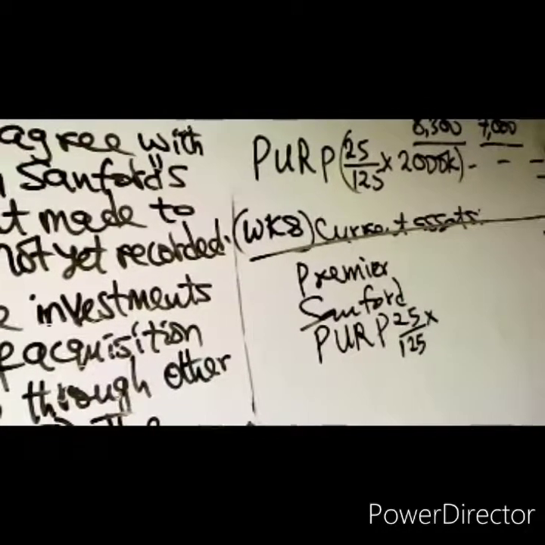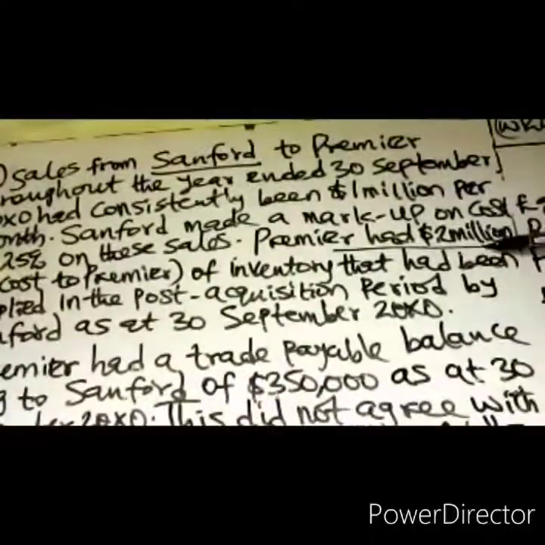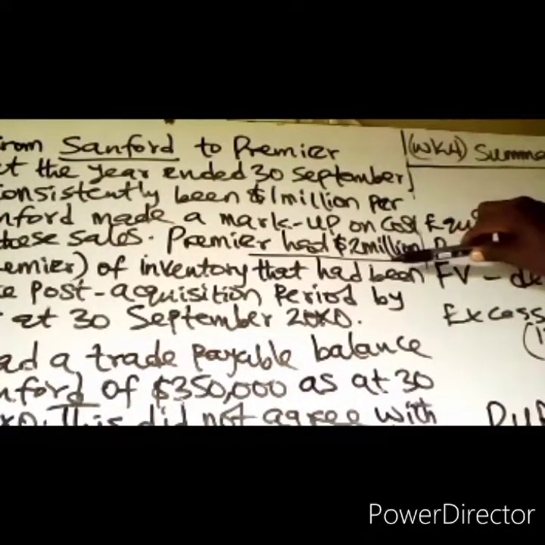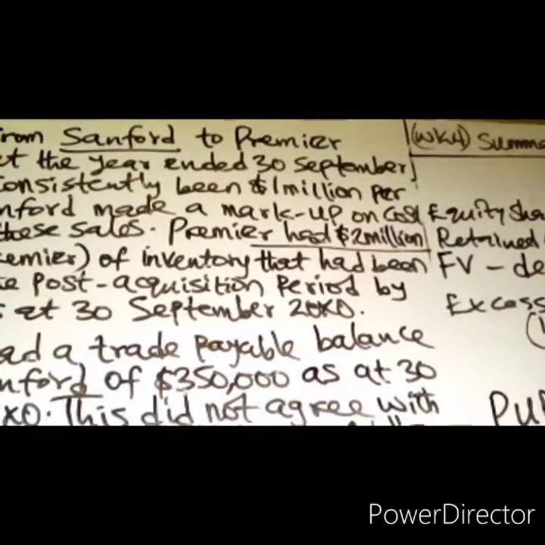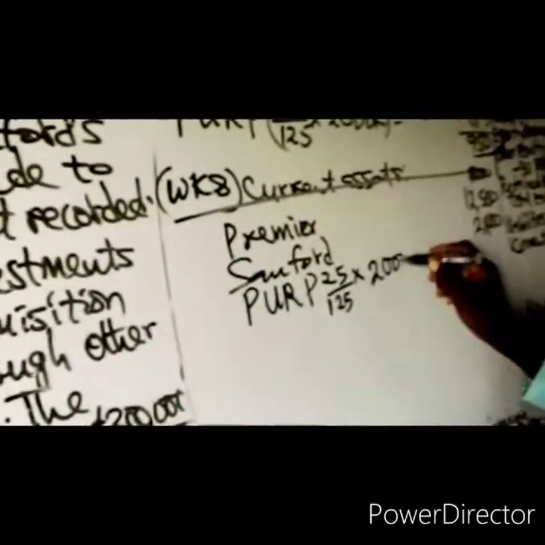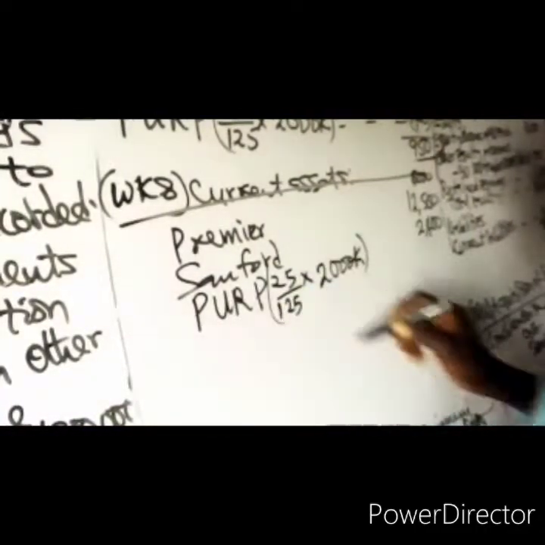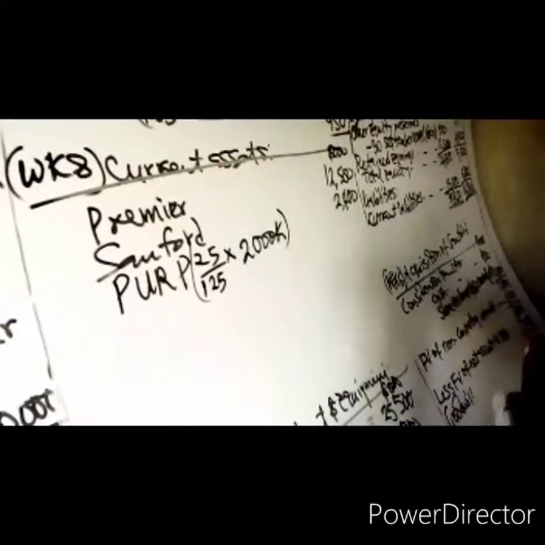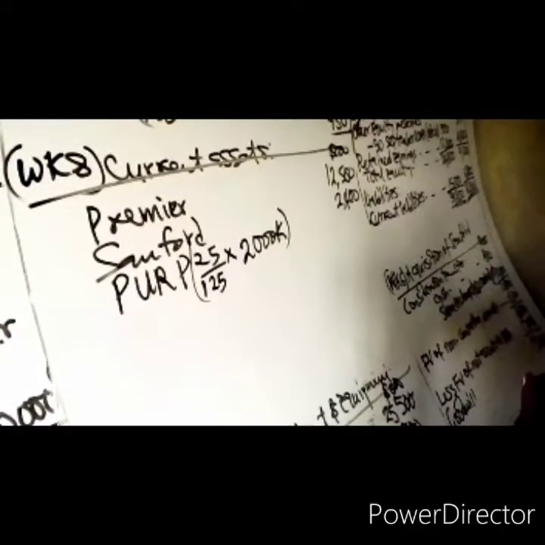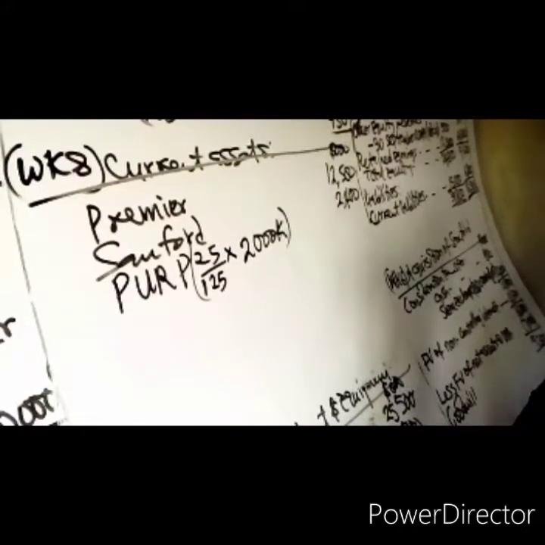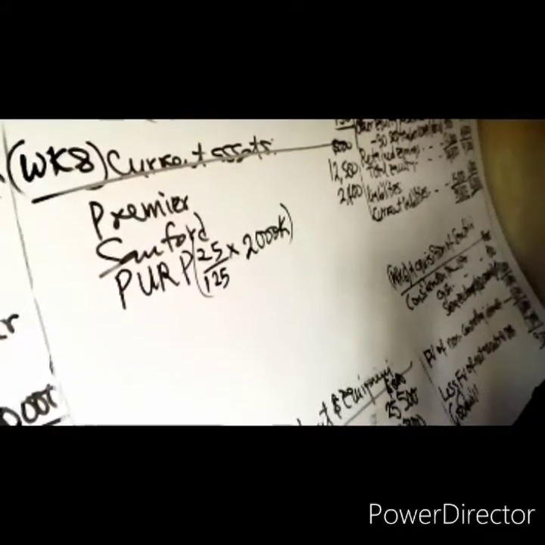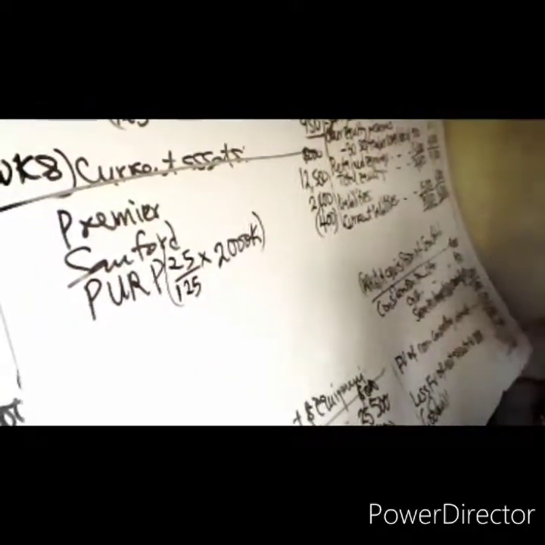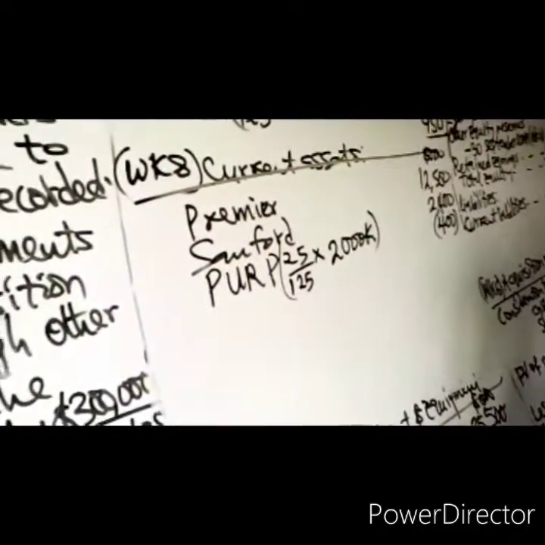I've told you that the unrealized profit should be calculated on the unsold items of inventory, which is 2 million. So we have 25 divided by 125 times 2 million, and that will give us 400. So we have minus 400. That is the unrealized profit.